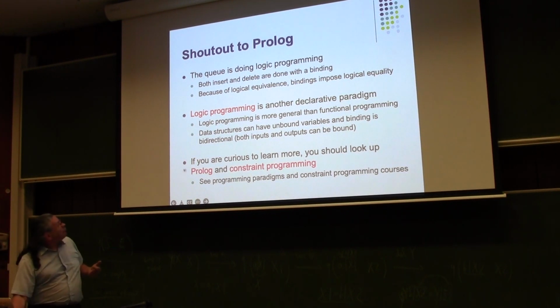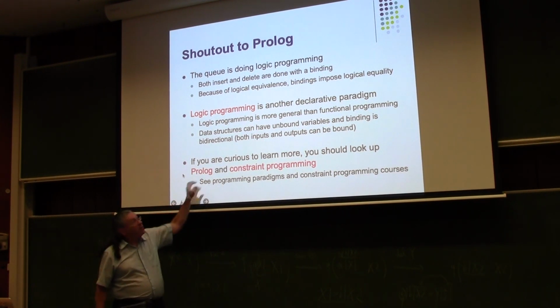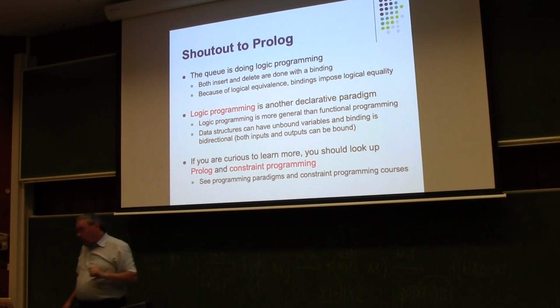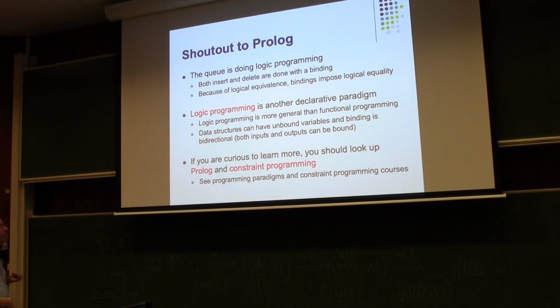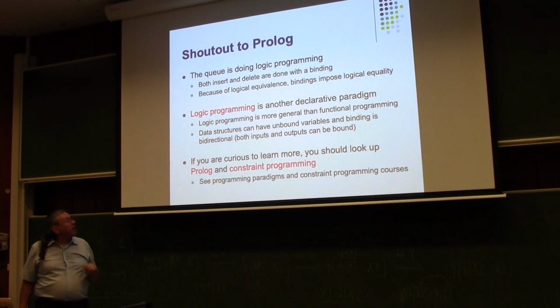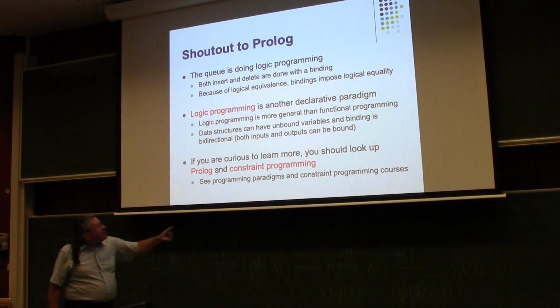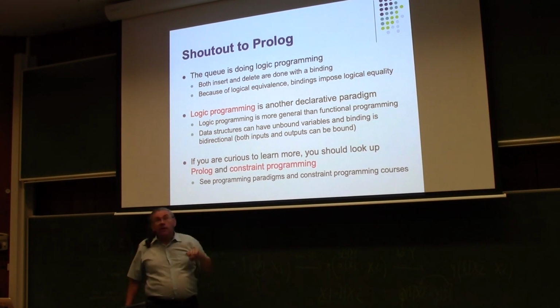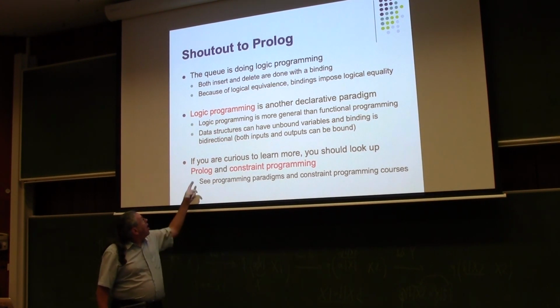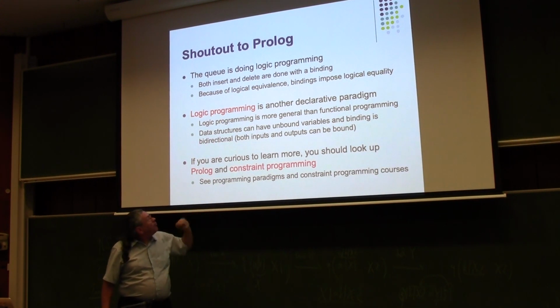This one was first really worked out in the Prolog language. Prolog is an acronym, it means programming in logic. So we're not going to see Prolog in this course, but I think that my colleague Kim Mens sees Prolog in his paradigms course. Also, constraint programming is actually a generalized version of Prolog.